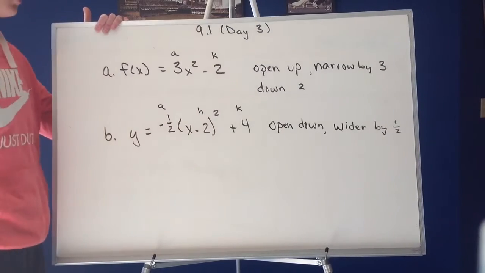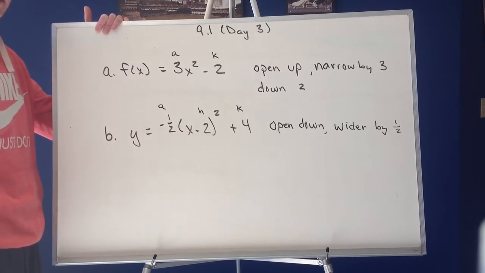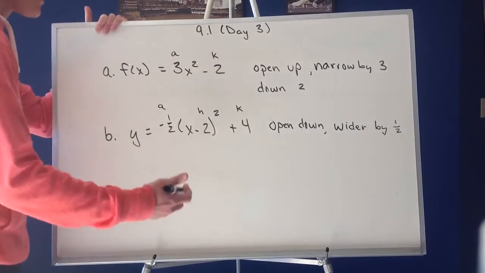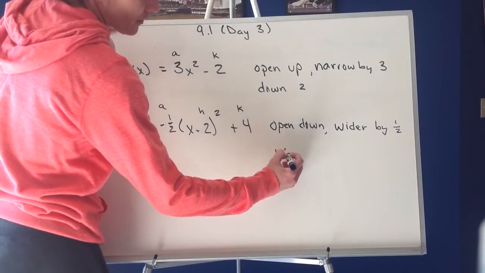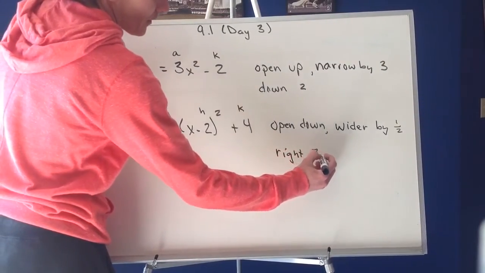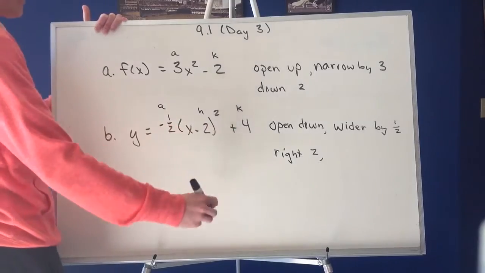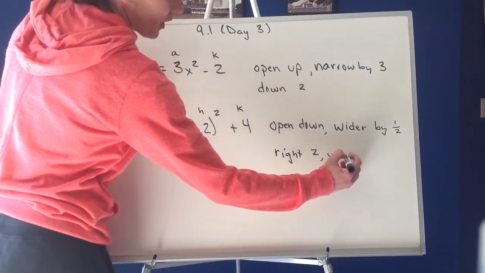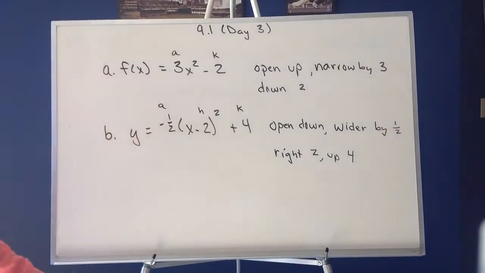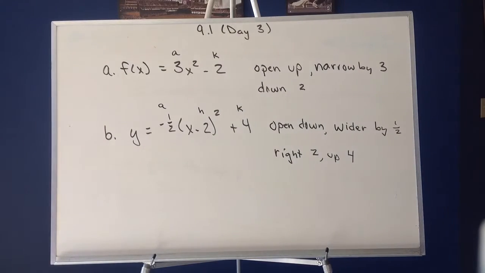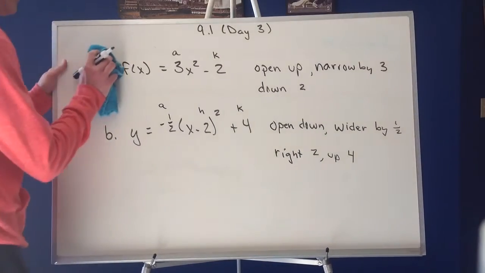A negative 2 is my H. It's inside the parentheses. Anytime it's negative, it says it's going to move to the right. And then our K is positive 4, so it's moving up 4. Okay, so again, you did some of those on Friday, just a quick review of those type of problems.